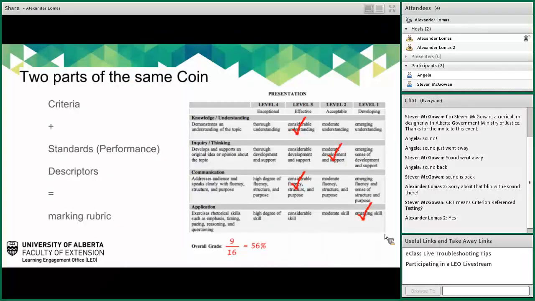So in terms of criterion referencing, there's two sides to the same coin. One is the criteria, and one are the standards, or what we call performance descriptors. And each of those together make a marking rubric. So if you look at our example here, the criteria are down along the side.